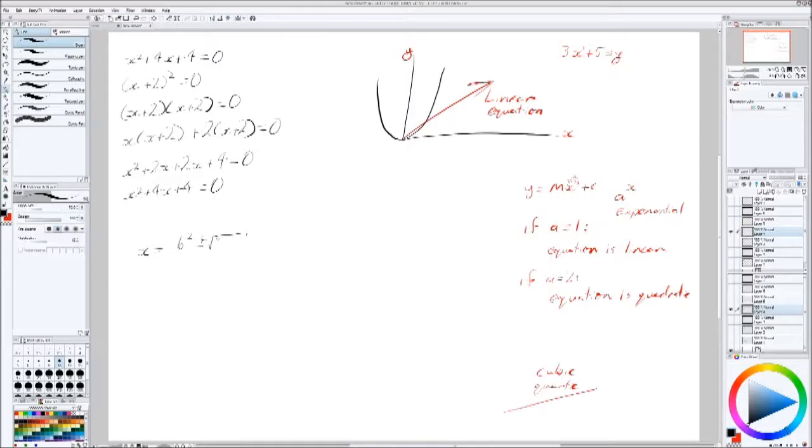Nope, that's wrong. I'm going to check this just to make sure that I get this right, because there's not much point in teaching you if I'm getting it wrong. So we go to quadratic equation.